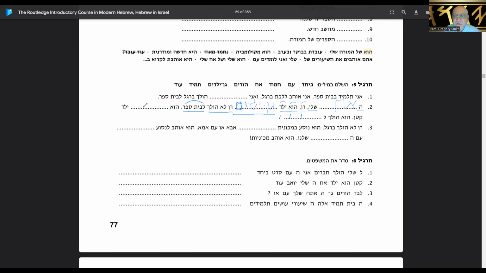He's very cute, he's small and cute. I don't know about that. Tamid yeled katan. No, it wouldn't make sense to say always a little boy. So what would fit in there?